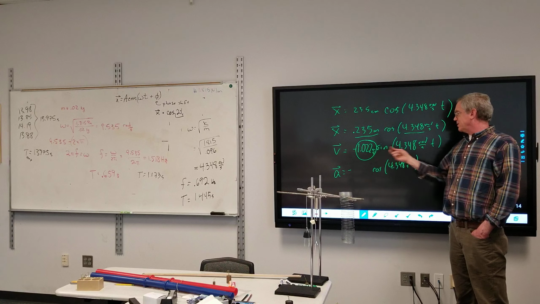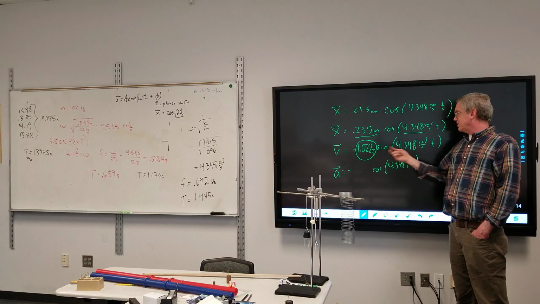Units? Meters per second squared. So using the equations here, we can come up with our maximum speed and the magnitude of the maximum acceleration.